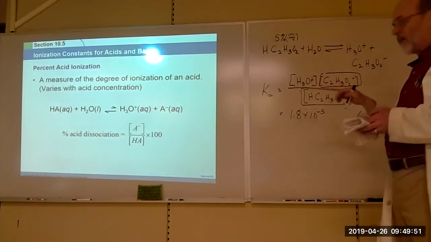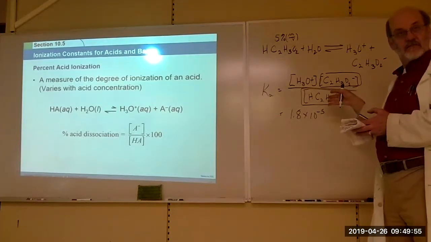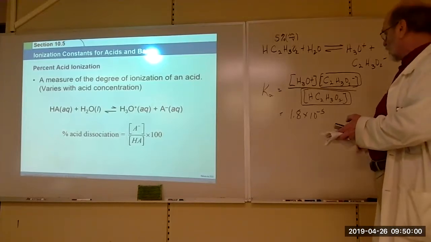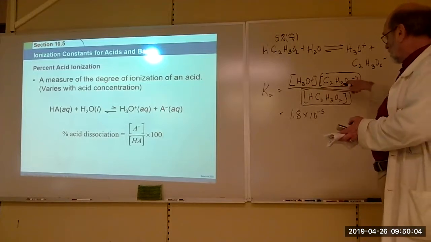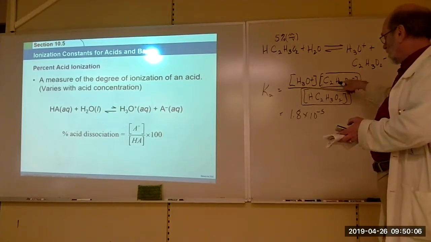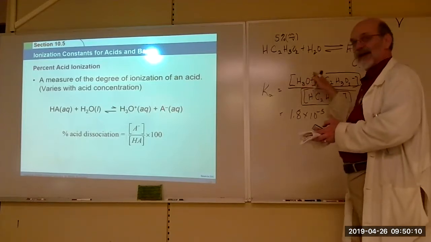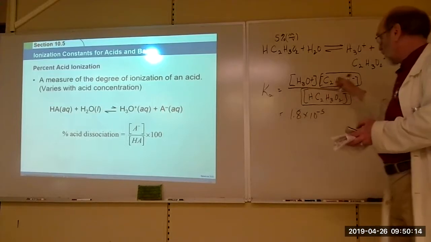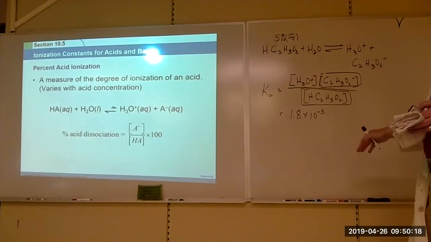We just want to know how much of it dissociates when we put it in solution, right? So the percent dissociation for our acid is not a constant because we left this part out. You have to include that part for it to be constant. So this part can vary depending on how much of it you put in solution.